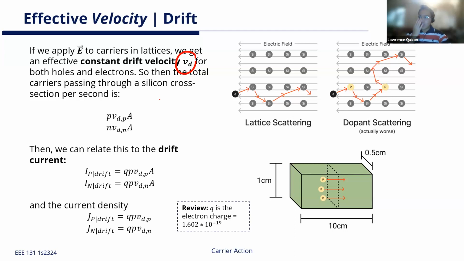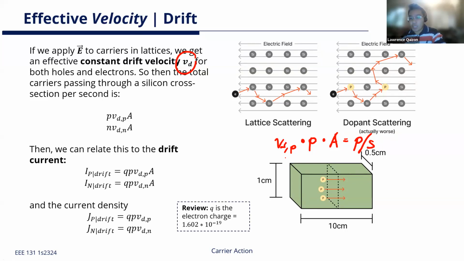So given a bunch of carriers moving in a direction, the total number of carriers passing through a cross section, take this cross section for example, the total number of holes passing through this cross section at any given moment is the velocity of a hole, which is VdP, times the number of holes per centimeter cube, times the cross-sectional area, equals number of holes per second.